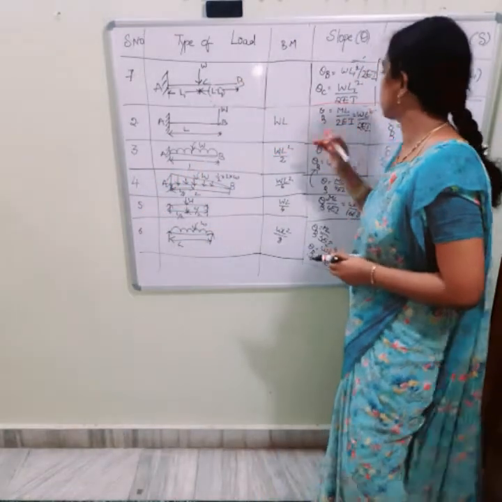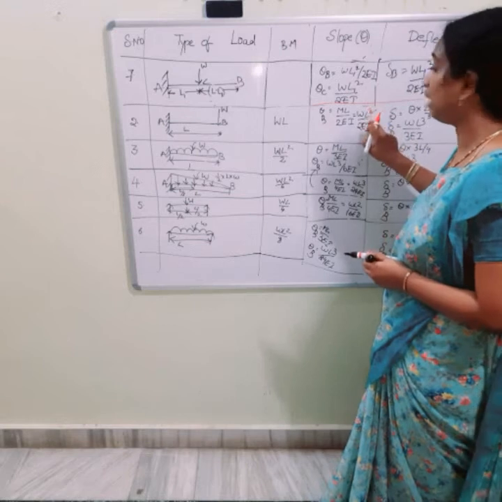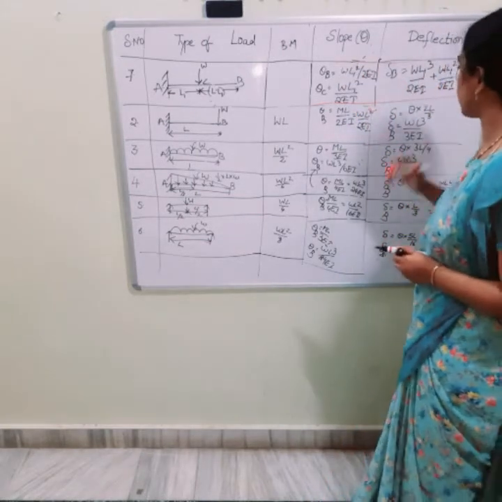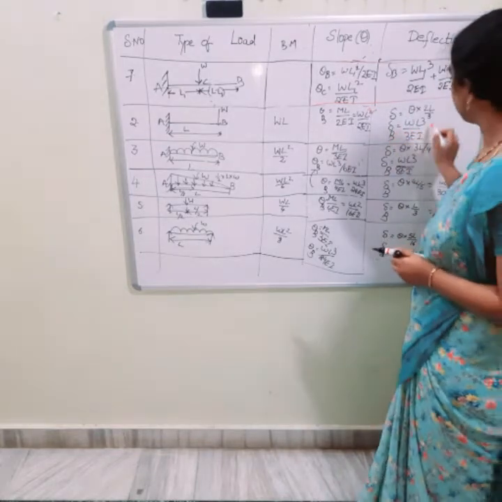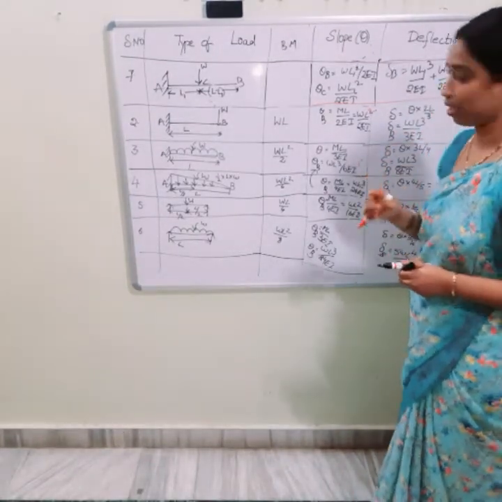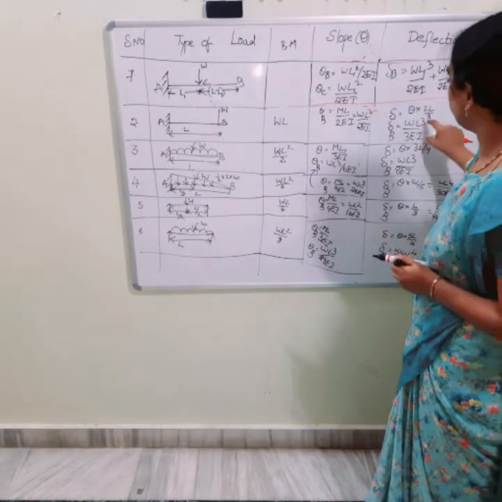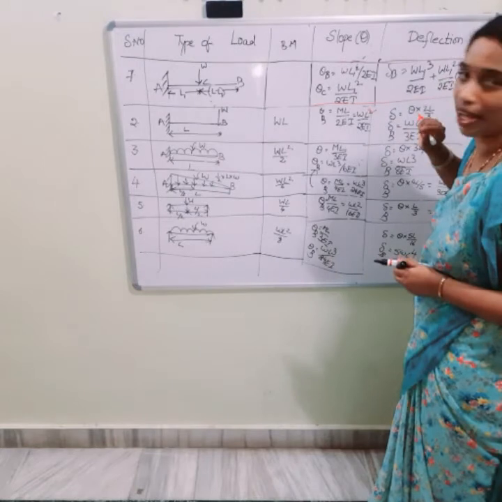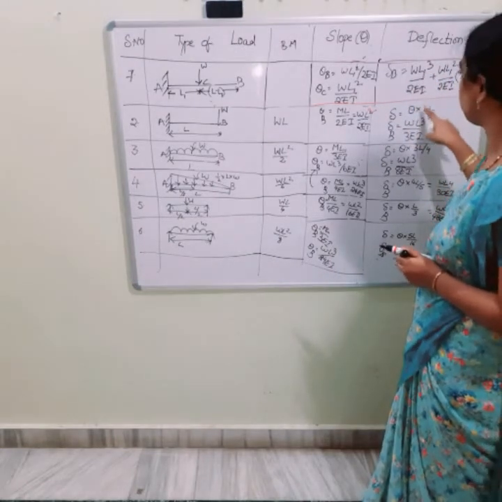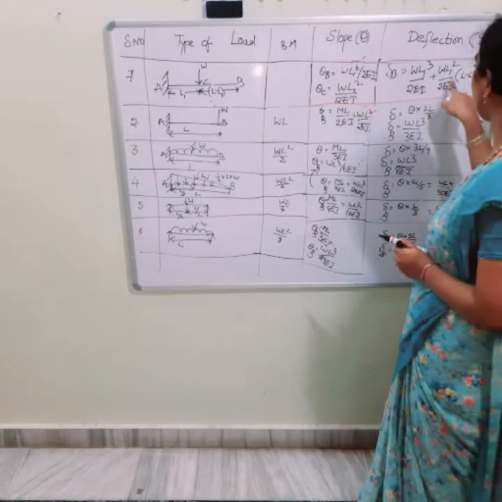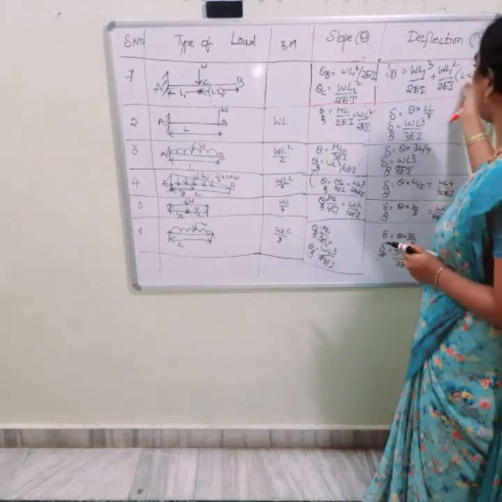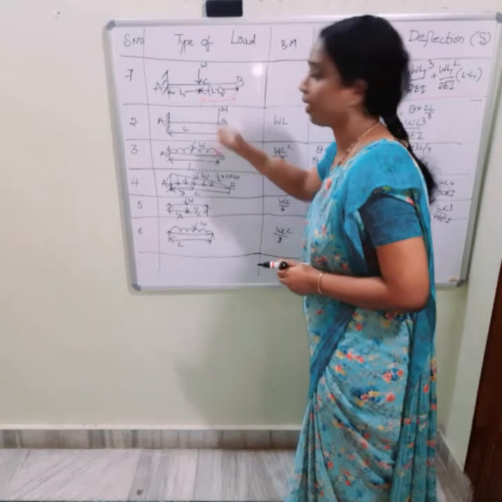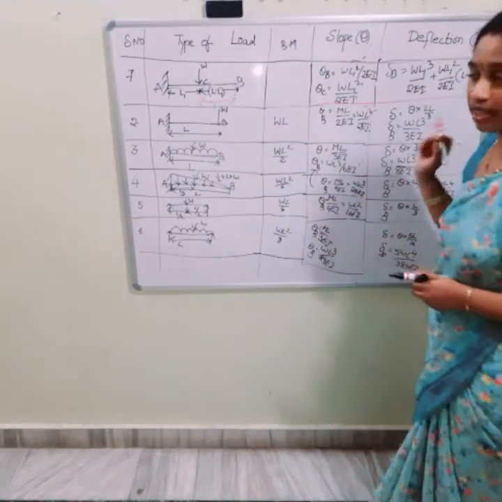Just if it is at a distance, you substitute L1 in the L place, so WL1 square by 2EI. Deflection, delta B, at the free end means you add the deflection at the free end plus the slope value times the remaining distance. So it is WL1 cube by 3EI plus WL1 square by 2EI into the remaining distance, L minus L1. I have taken it here.